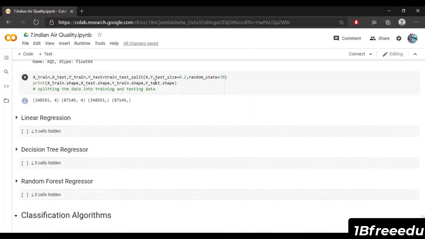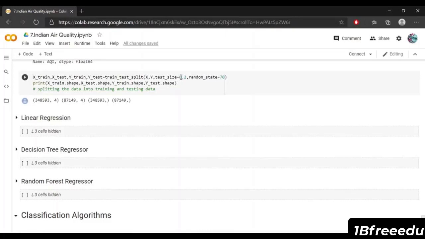And over here, as you can see, we have taken our independent and dependent column names, which are the X and Y. And the next thing that you can see is that we have specified a test size, which is 0.2. So what the 0.2 says is that around 80% of the data will be used for training purpose, and around 20% of the remaining data is going to get used for test purpose.